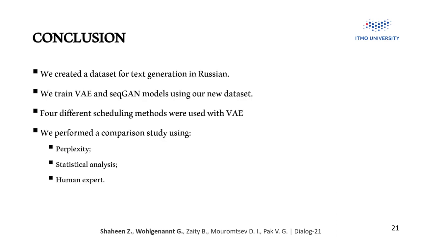In conclusion, we created the dataset for text generation in Russian. We trained variational autoencoder and sequence GAN models using our new dataset. We experimented with 4 different scheduling methods for variational autoencoder, and we performed a comparison study using perplexity, statistical study, and human expert.